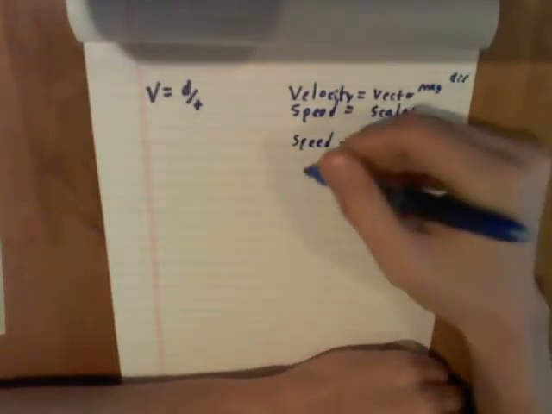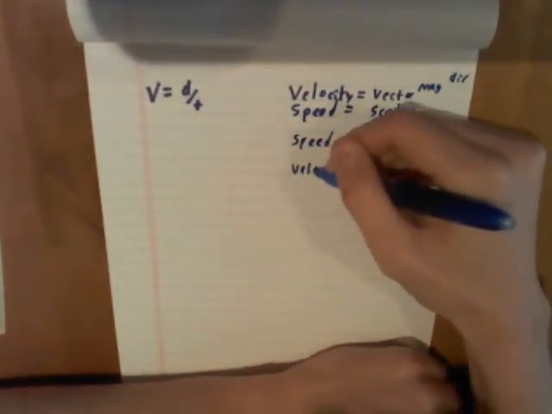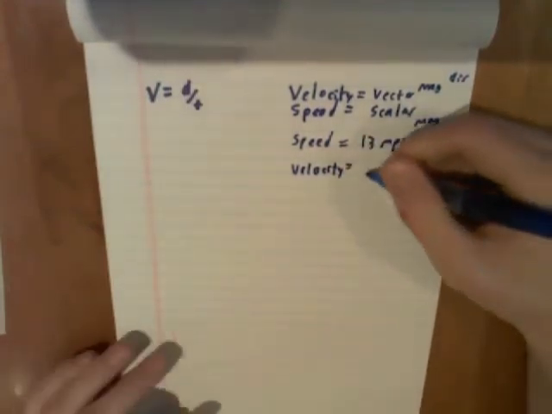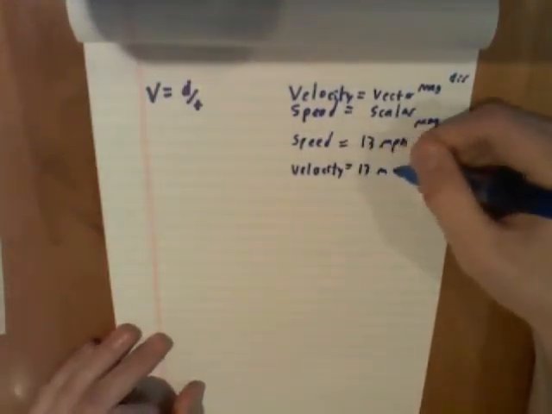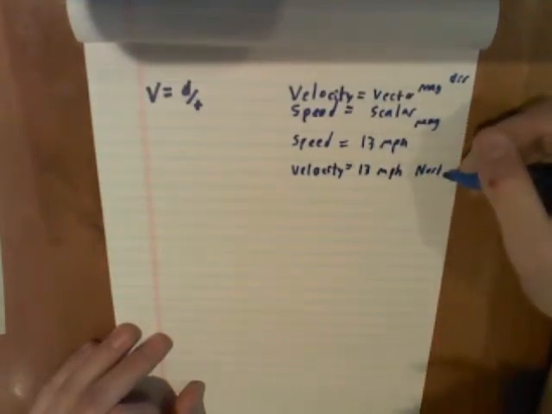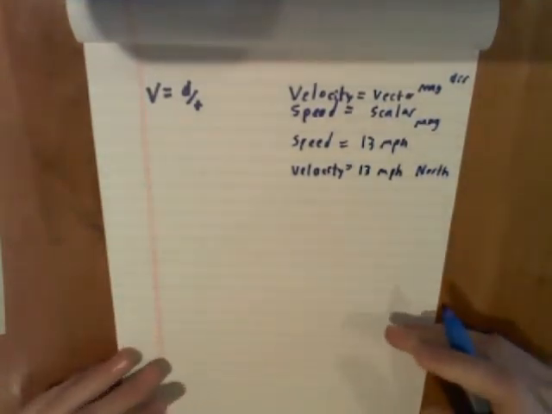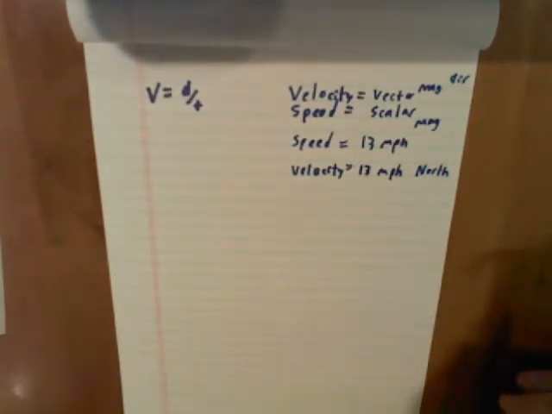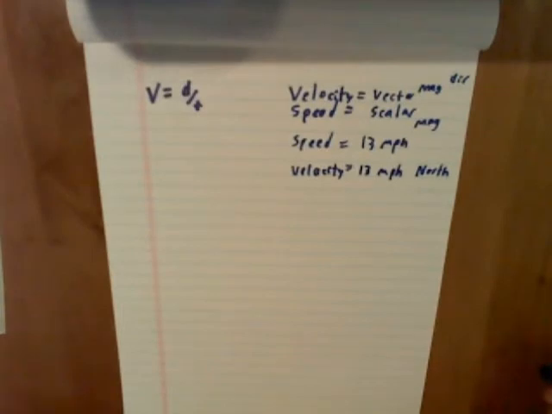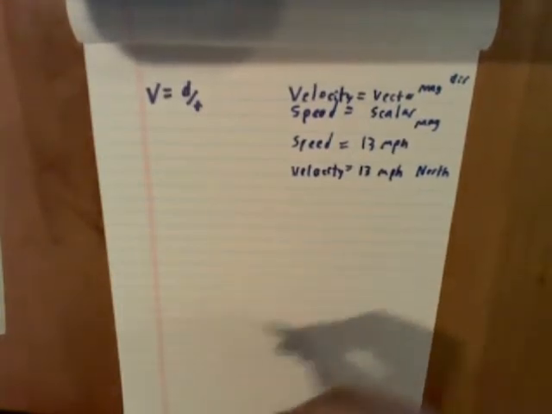So a vector will be something along the lines of 13 miles per hour north, or 23 miles an hour south, some speed with a direction. And that's pretty simple.